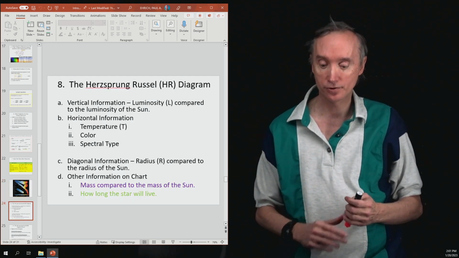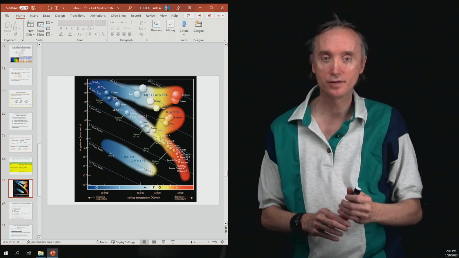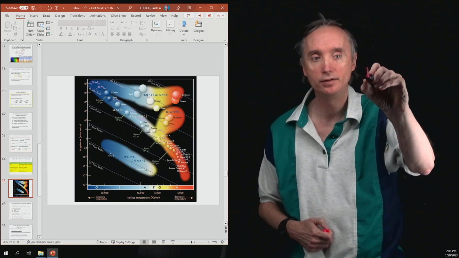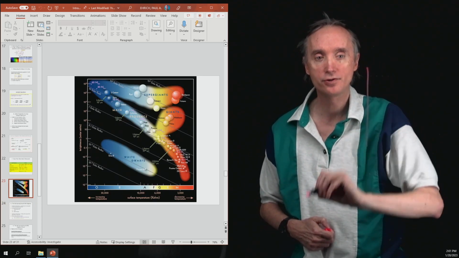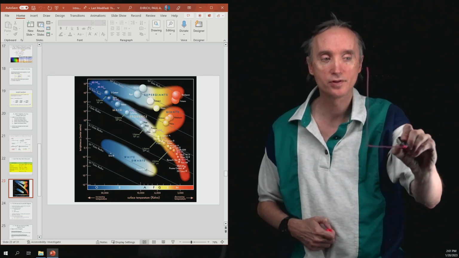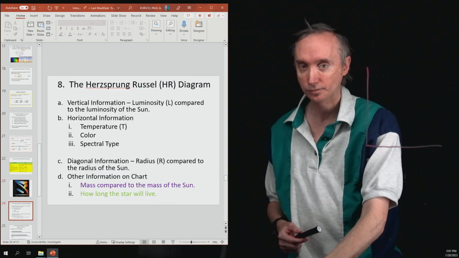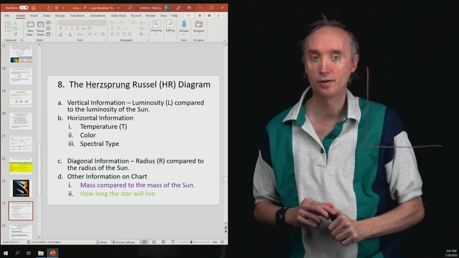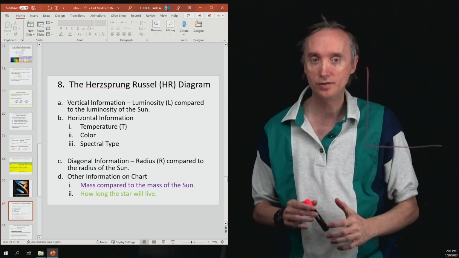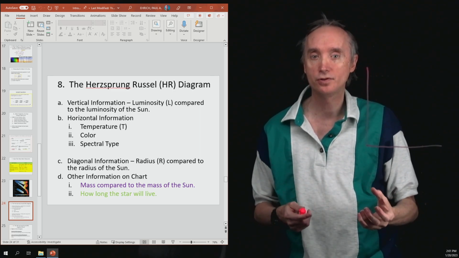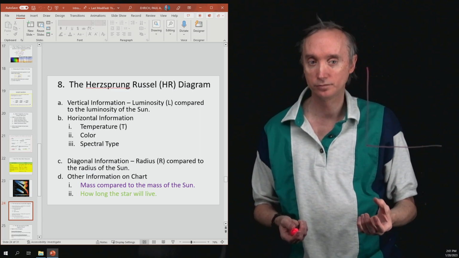Vertical information. If we go back to the HR diagram, you'll see that it has vertical information and horizontal information. The vertical information is going to be the brightness of these stars compared to the brightness of the sun.